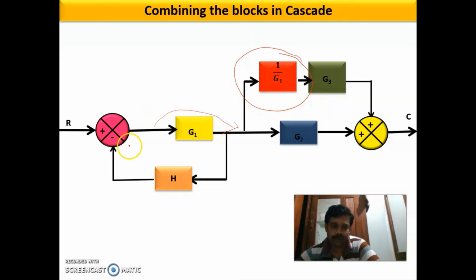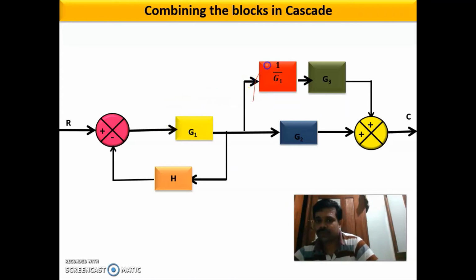So what rule can you apply next? These two blocks are in cascade. If you are having two blocks in cascade, then these two blocks can be combined into one block.